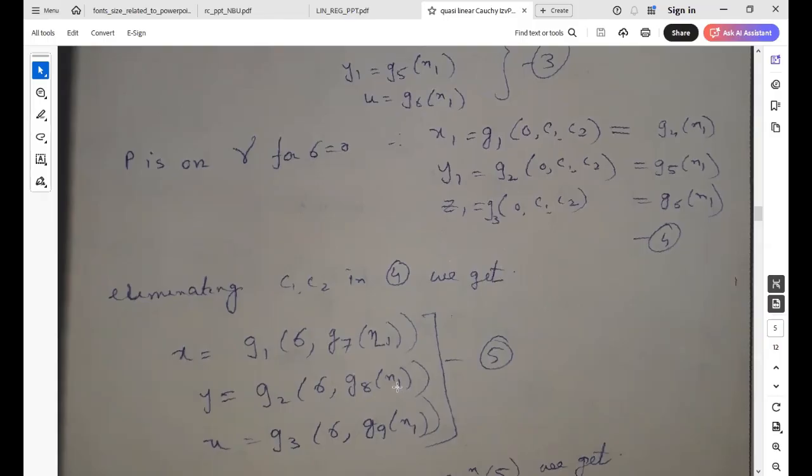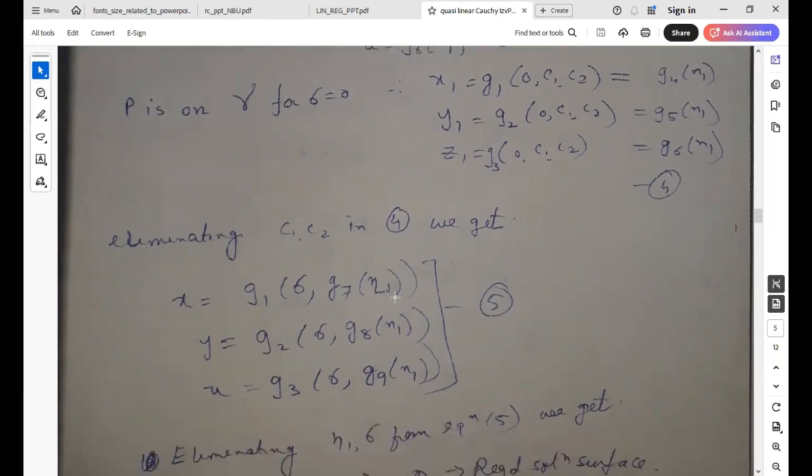So I should be more precise. I did another thing very loosely here. It should be some function of eta 1, G7 eta 1, and G8 eta 1. Again, this one G7 eta 1, G8 eta 1. Then this one also G7 eta 1, G8 eta 1. Not three different things, because C1, C2 are the same for its value, quite obvious. So suppose C1 is coming out to be a function of eta 1, G7 eta 1, and C2 coming out as a function of eta 1, G8 eta 1.